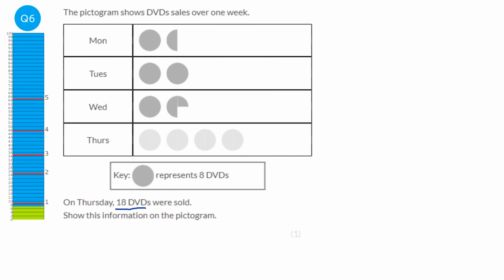So the key says that a circle represents 8 DVDs, and we're told that on Thursday there are 18 DVDs. So we need to rewrite 18 in kind of lots of 8. So that will be an 8 plus 8, which is 16, plus a 2. So we know it will be 2 full circles. So let's get those 2 full circles in, and that will represent 16. But how do we represent 2?